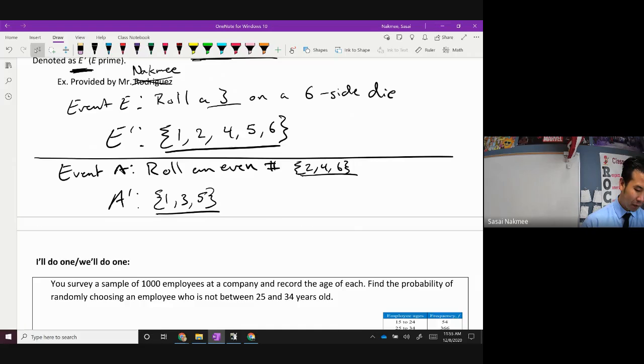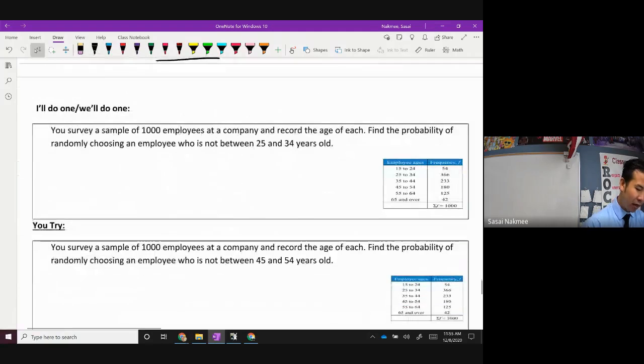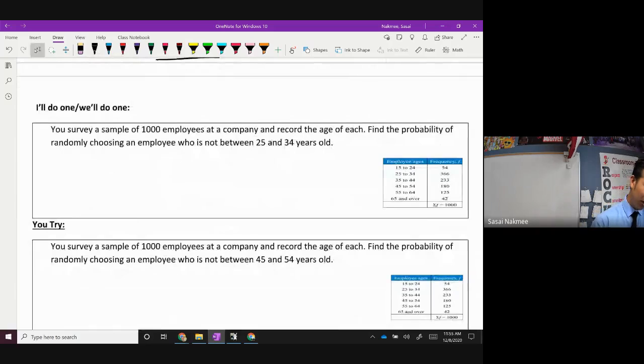So real quick here. You survey 1,000 employees and record the age of each. Find the probability of randomly choosing an employee who is not between 25 and 34. So you would not take the 366. You would take everyone else. I would take these numbers here plus that number there, so I wouldn't have to do all this extra math.